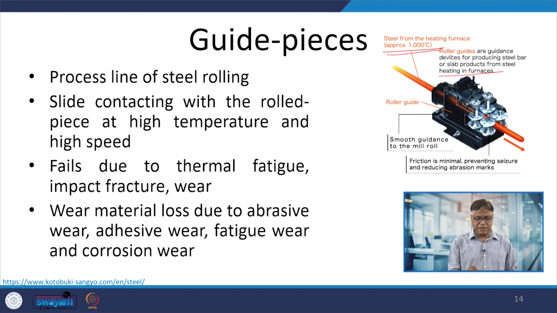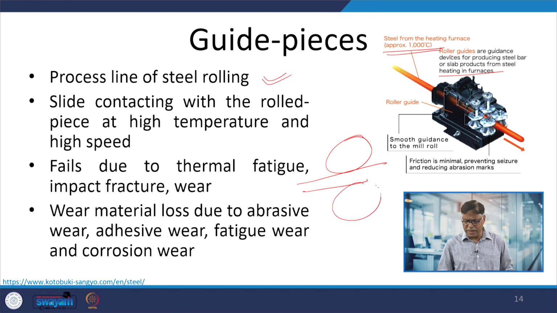In the process line of steel rolling, this is where it is used, and whenever it works, the hot bar will continuously be guided by these guide pieces. So, the guide pieces will be continuously in contact with the steel bar which is to be rolled, at a high temperature and a high speed.